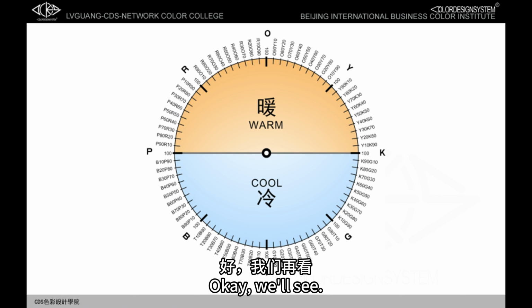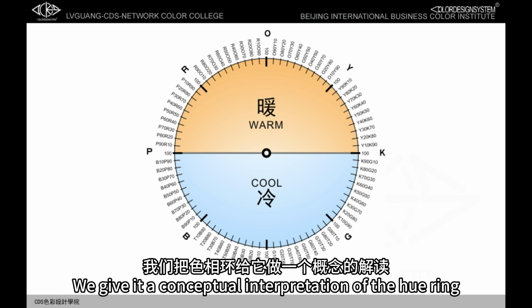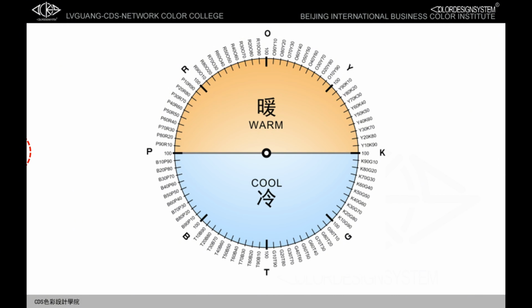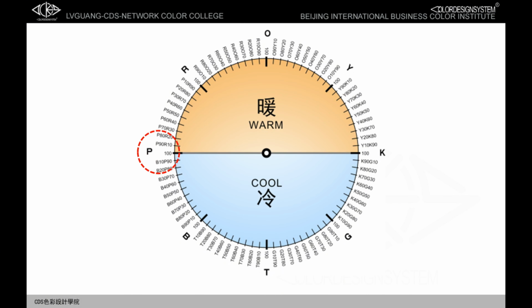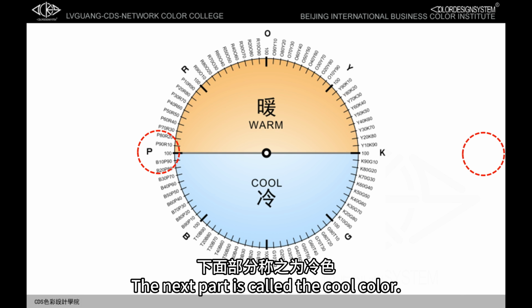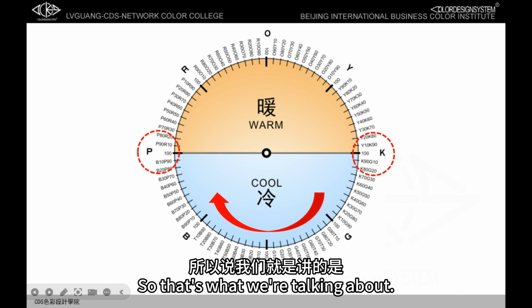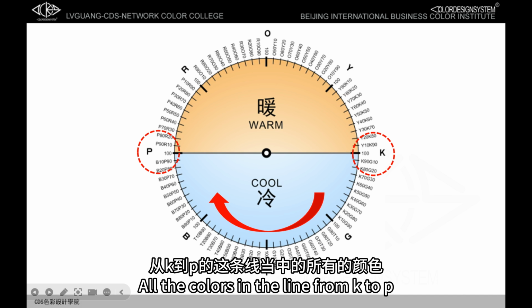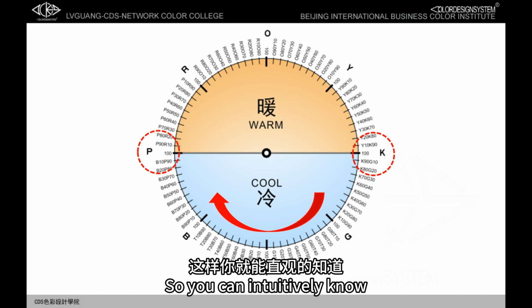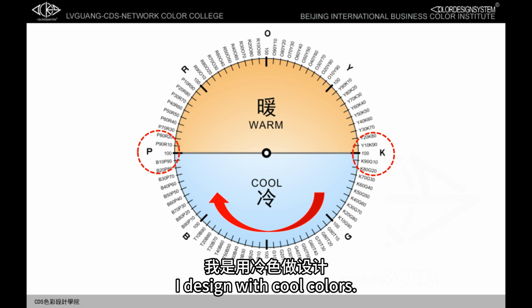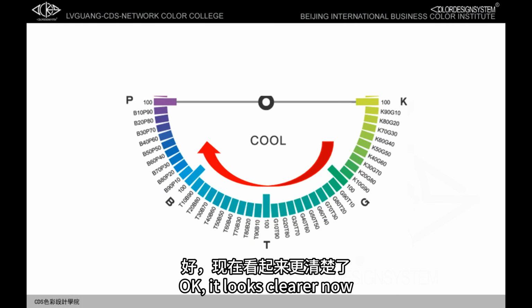We give the hue ring a conceptual interpretation: the top part we call warm colors, and the next part is called cool colors. So all the colors in the line from K to P, you can intuitively know, I design with cool colors.